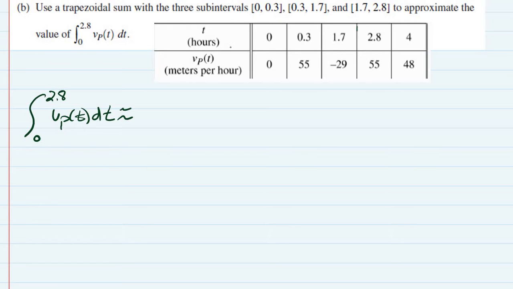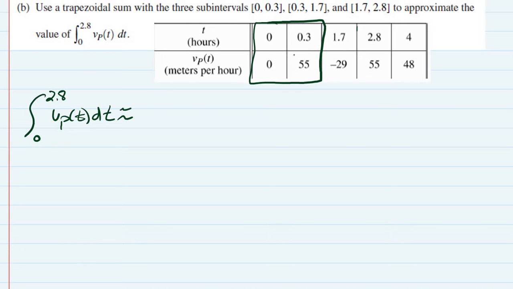Now, I am going to use a trapezoidal sum, which means that the first trapezoid is going to be involving these numbers here. The 0 and the 55 represent the lengths of the bases of the trapezoid, because these trapezoids are sideways on the velocity versus time graph.